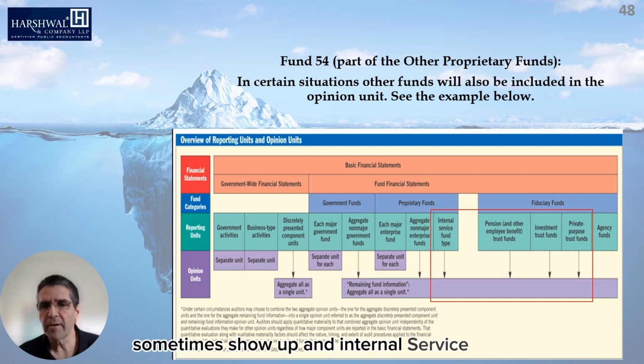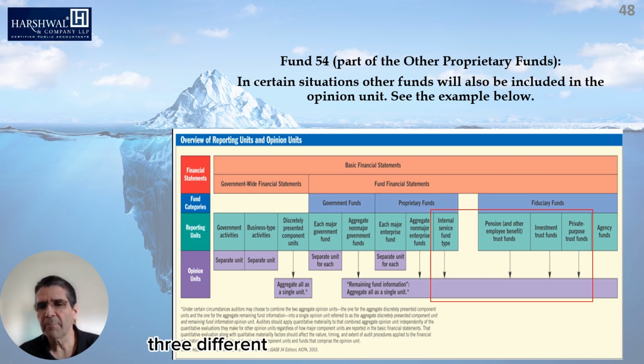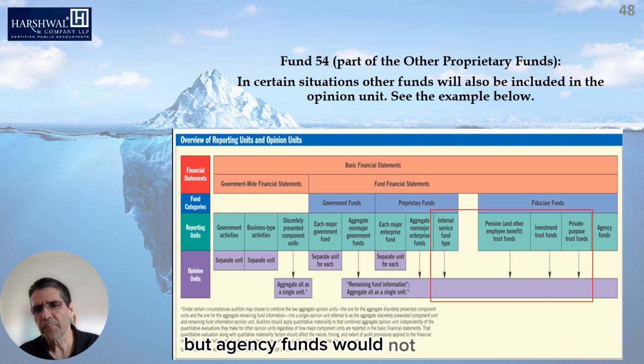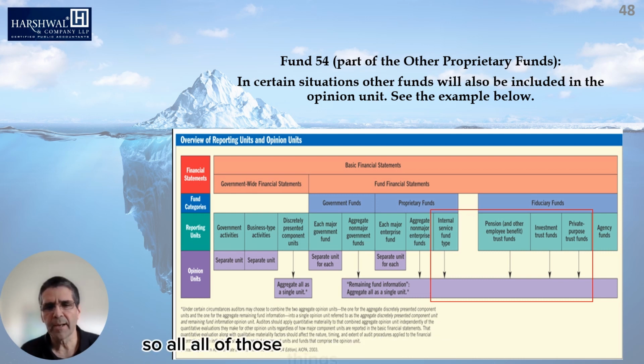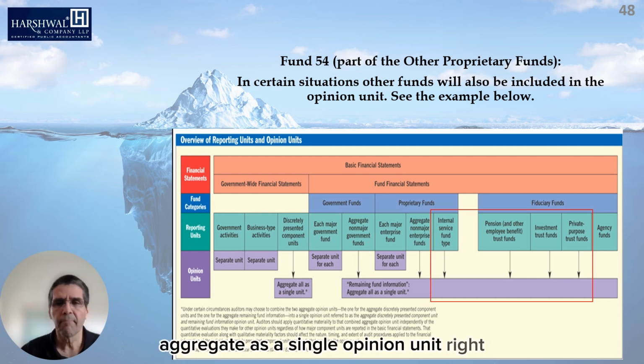An internal service fund, which is included there with the proprietary funds, that would be included if you have one of those. Also, if you have any of those three different types of fiduciary funds, those would also be included, but agency funds would not. Okay, so all of those things combine together to become the aggregate as a single opinion unit.